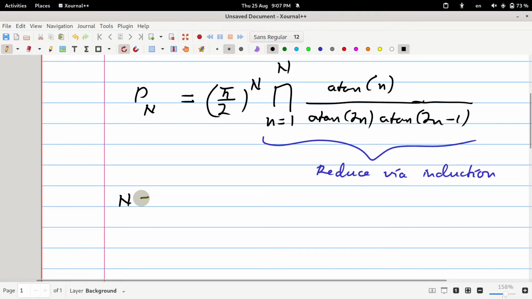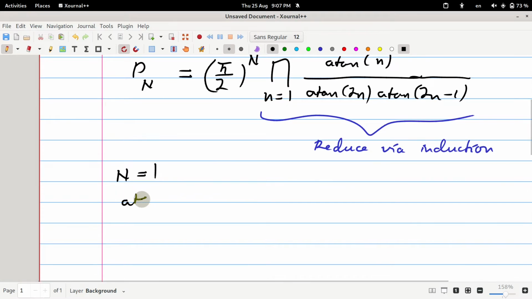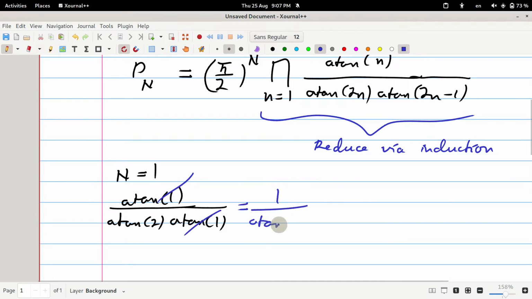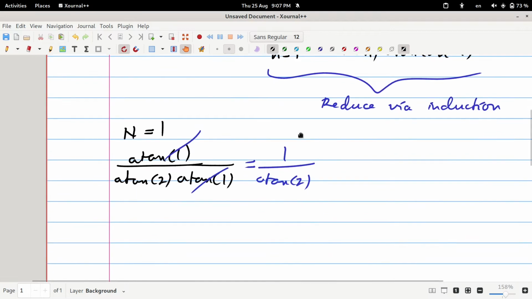Let's look at n equals 1. That's just a tan 1 over a tan 2 a tan 1. So this cancels out to yield 1 over a tan 2. Okay, so let's look at the case for n equals 2.